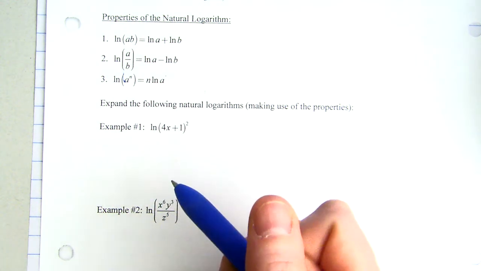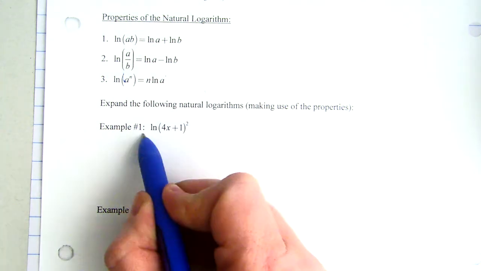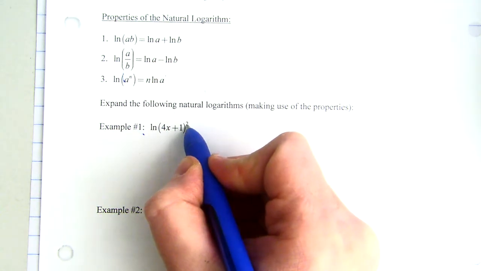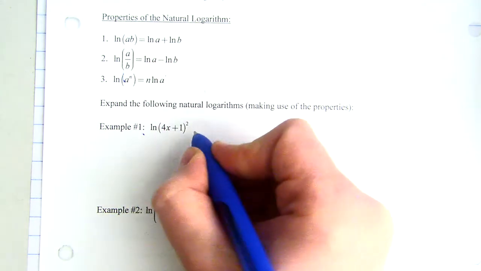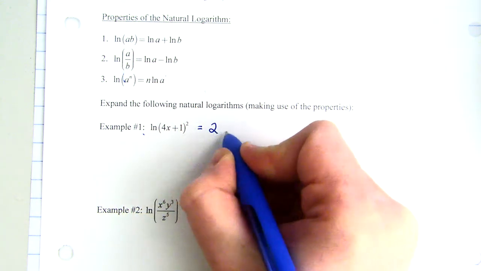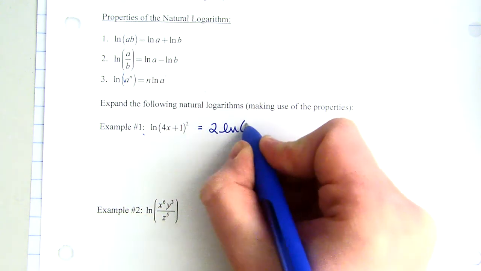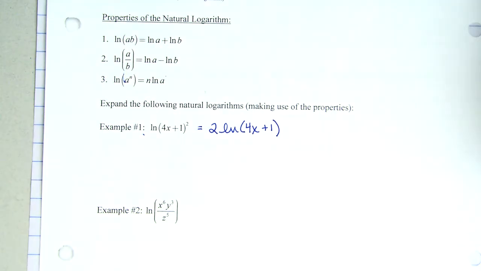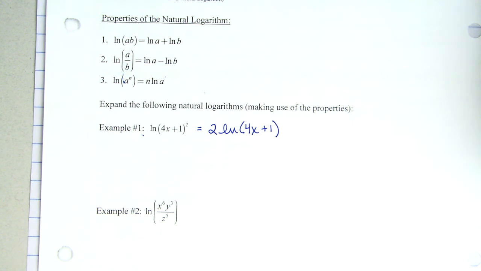So example number 1, I want to expand this natural log. Well, if you have a power, you're allowed to take that power and move it out front. So I can turn this into 2 times the natural log of 4x plus 1. Are you allowed to do anything else to this log?